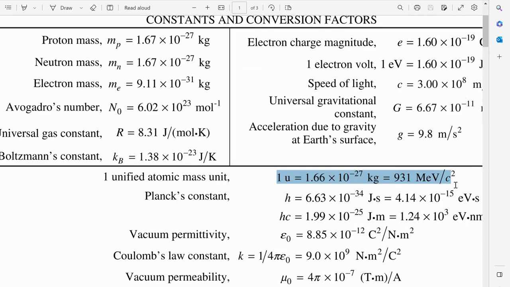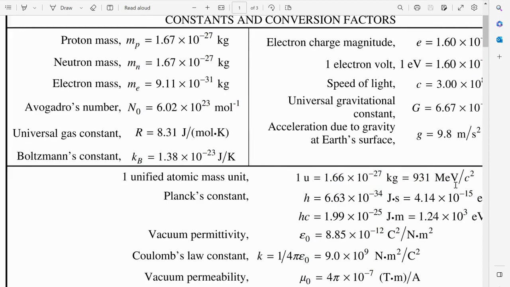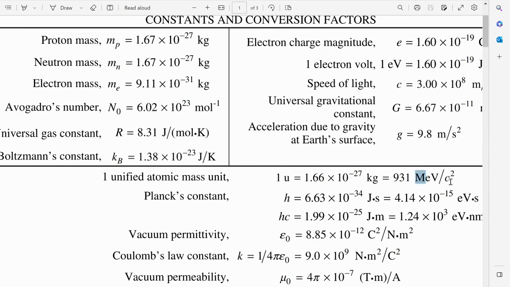We have this U here, the atomic mass unit, which is very similar to a proton. Or we have this unit of MeV per c squared. This is a really weird unit: mega electron volts per the speed of light squared.